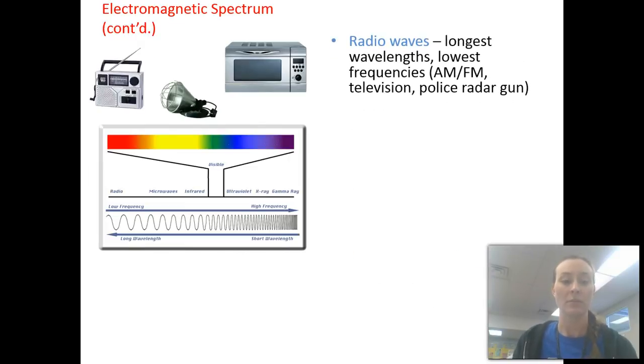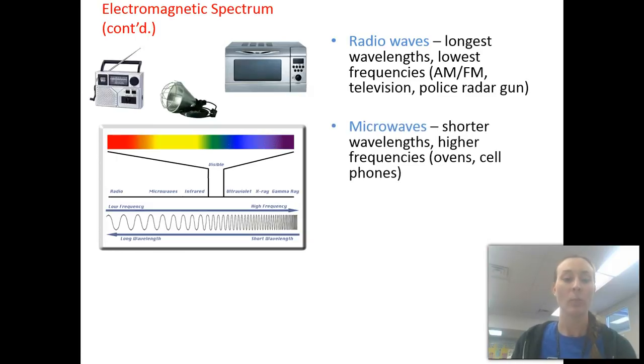Radio waves, like we talked about in the last slide, have the longest wavelengths and the lowest frequencies, and things like AM and FM frequencies, television, and police radar guns use radio waves. Microwaves are shorter. They're over here.